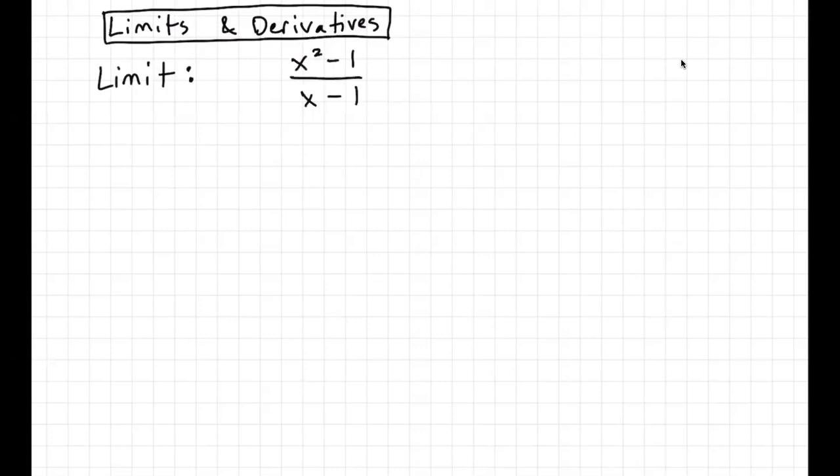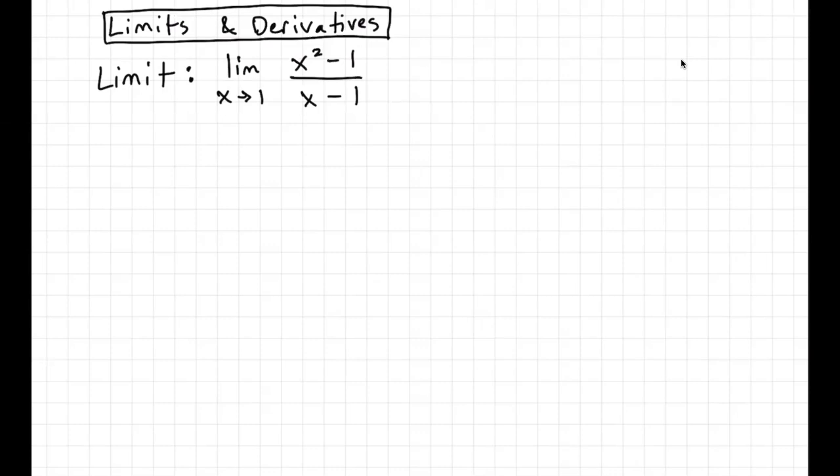So we need some way to figure out what the value of this function is at 1. So the way we think about this is we take the limit of this function as x goes to 1. And effectively what that is doing is it's asking what is the value of this function as you approach 1. Not when you plug in 1, but as you approach 1.